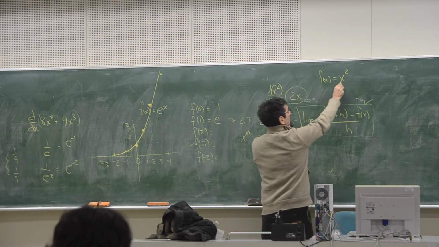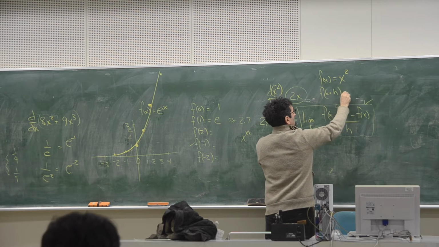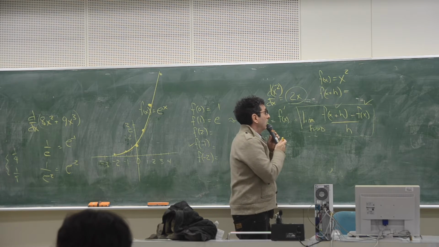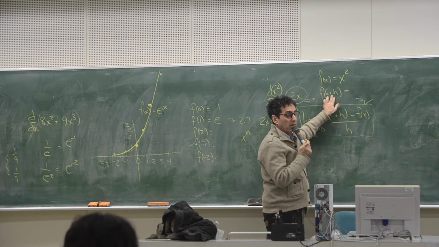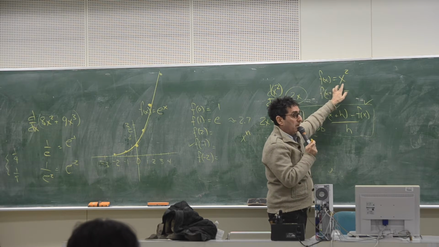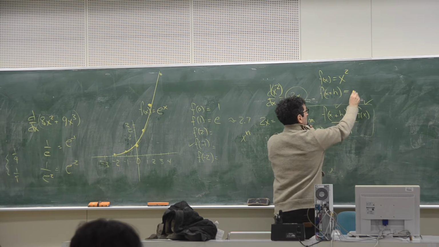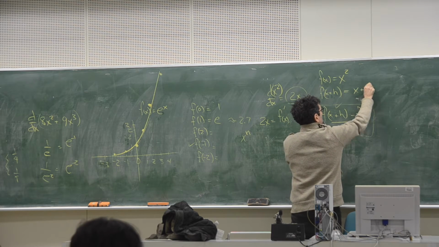So we know what f of x is, so how about what f of x plus h is? Well, it's just x plus h squared, right? If we put in x, we get x squared. If we put in x plus h, we get x plus h squared.